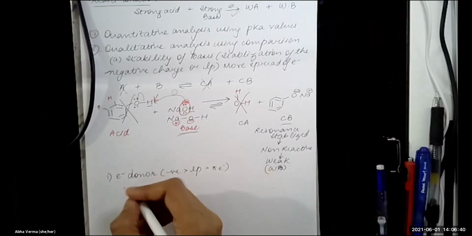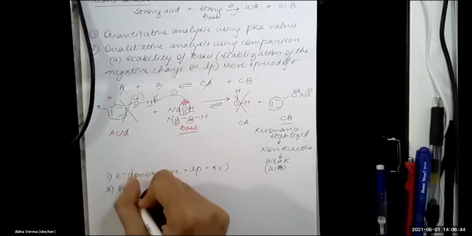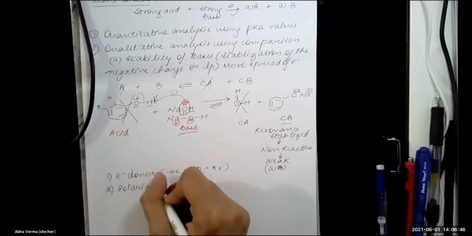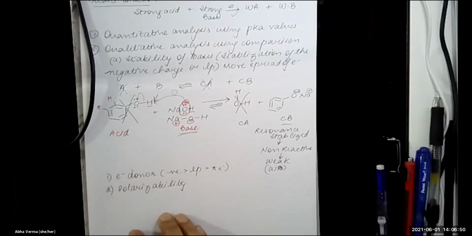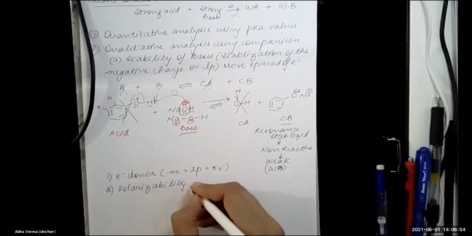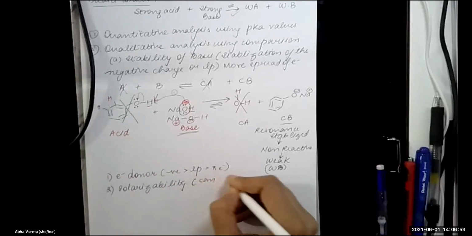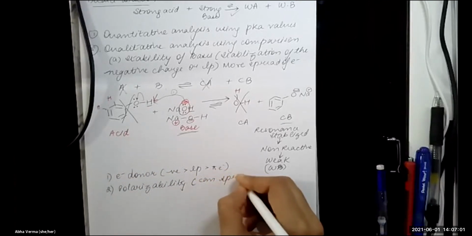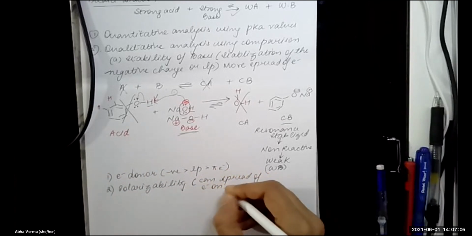The second is polarizability. What does this mean? It means who can accept the spread of electrons on the atom.